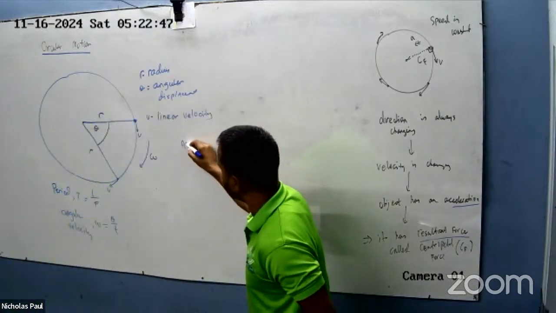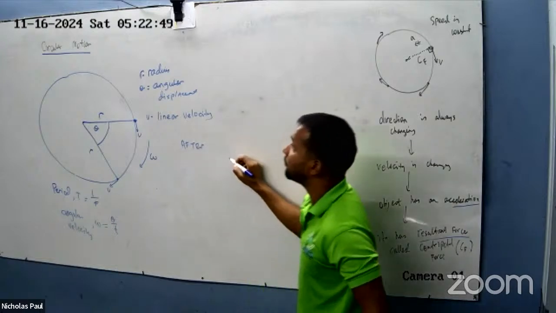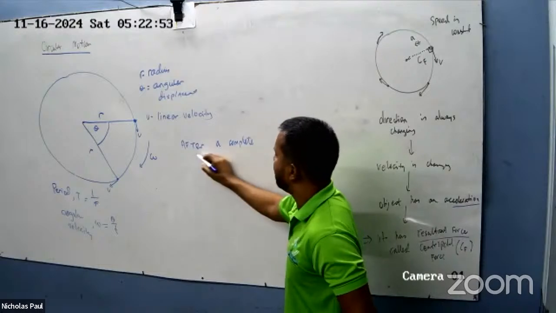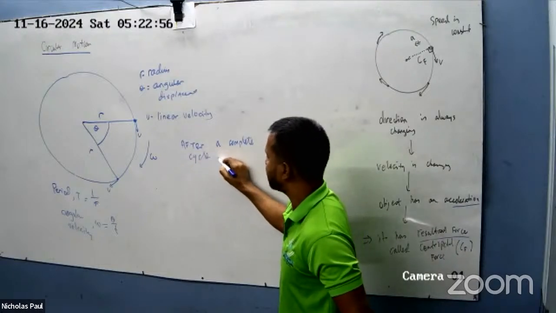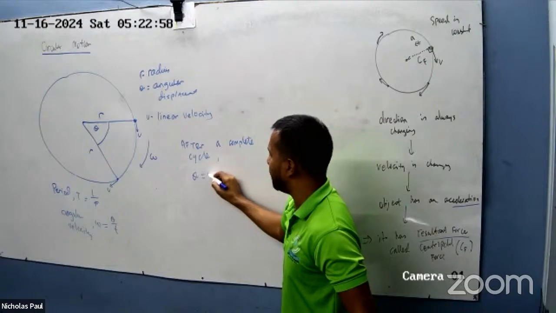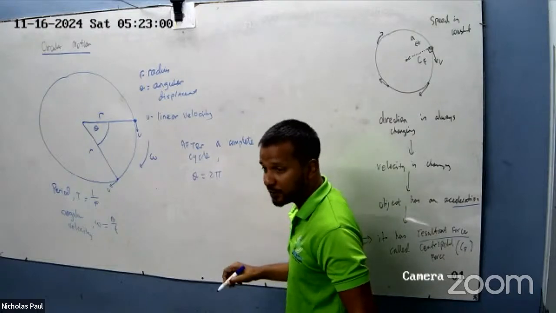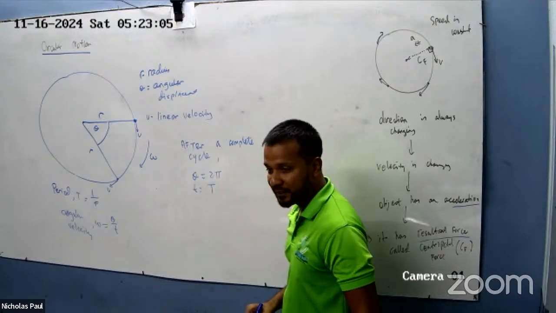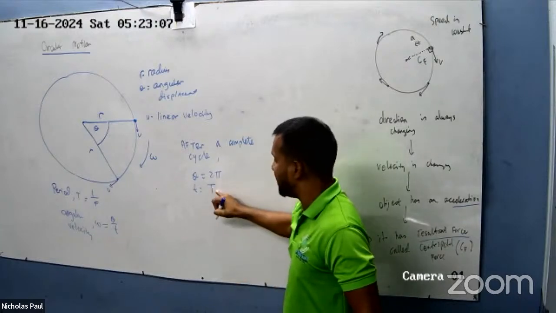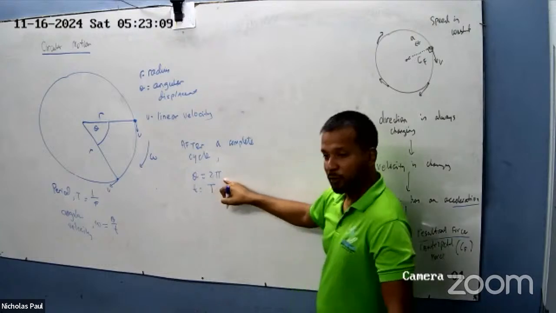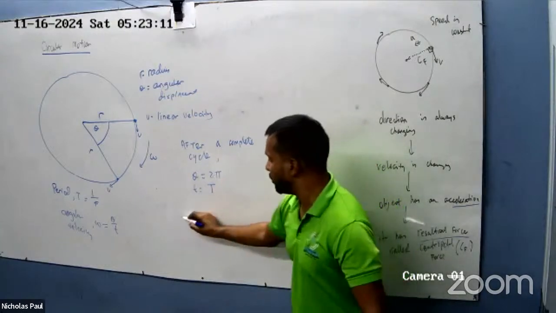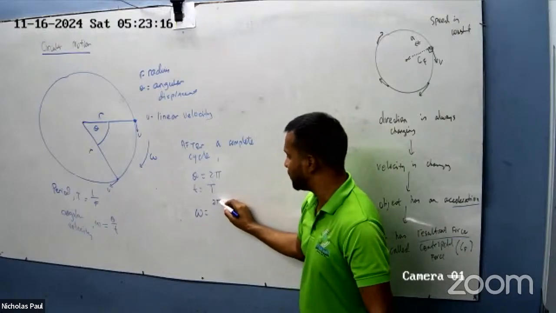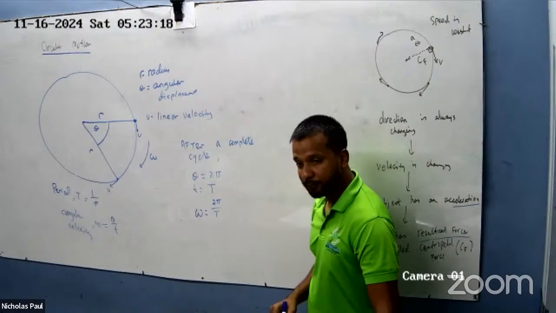So after a complete cycle, theta will be 2 pi because we're working in radians, right? And how long will that take? Capital T. Correct? So it will take capital T to travel 2 pi. Right? So what does that say? That says that omega is equal to 2 pi on T.